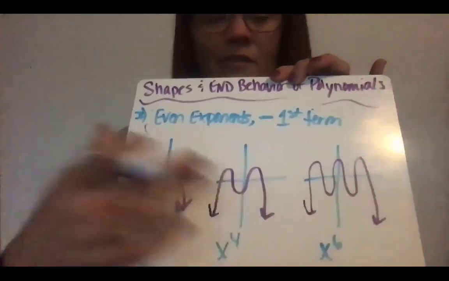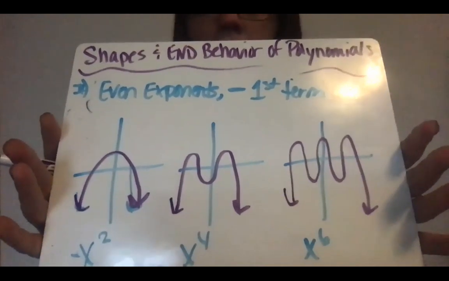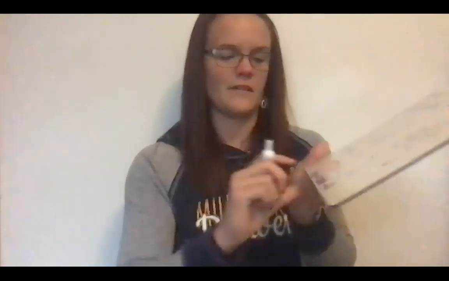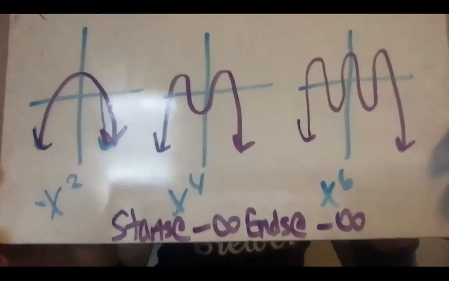So both of them this time, instead of positive, positive, it's going to be negative, negative. So your rule at the bottom is you want to write starts at negative infinity, ends at negative infinity.